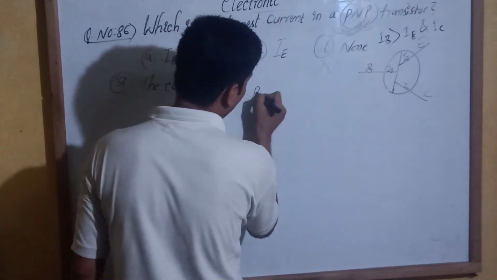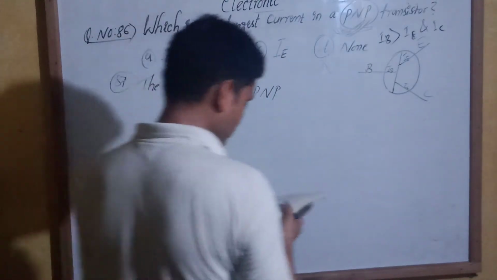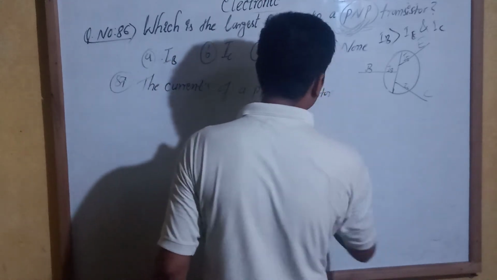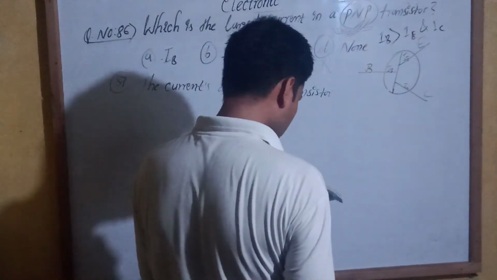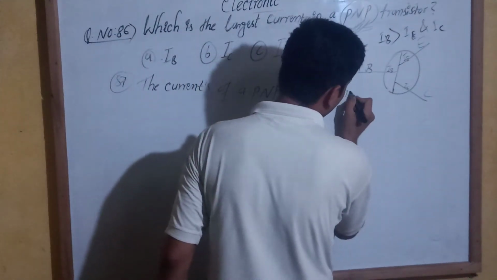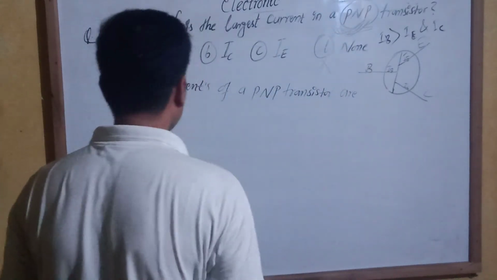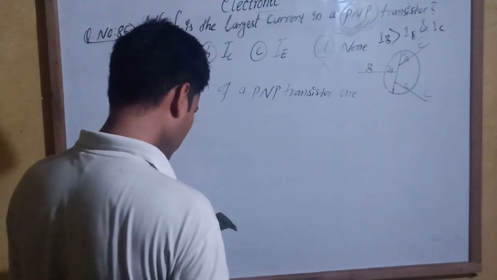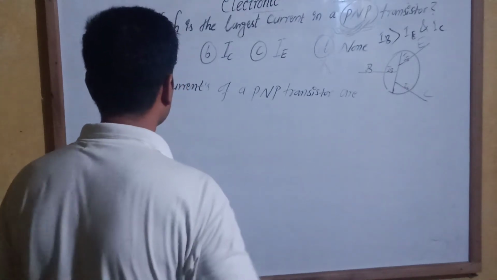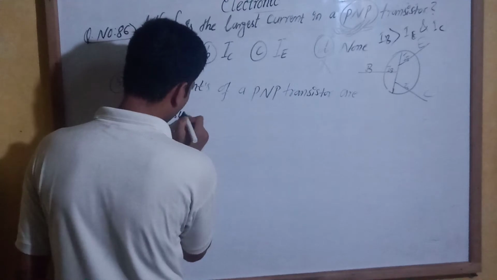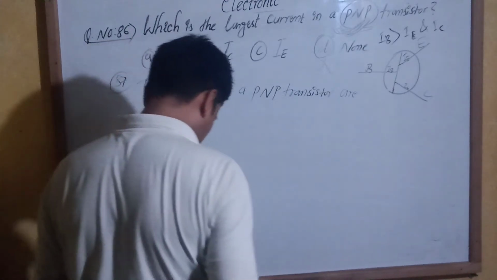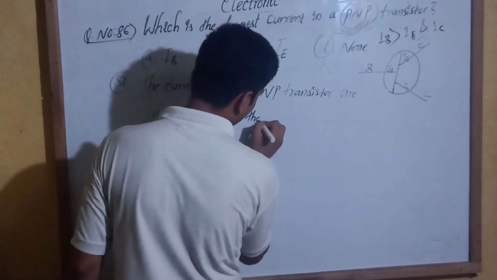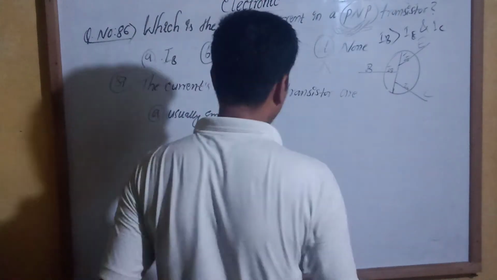The current of a PNP transistor are, the current of a PNP transistor are, option A, usually smaller than NPN current.